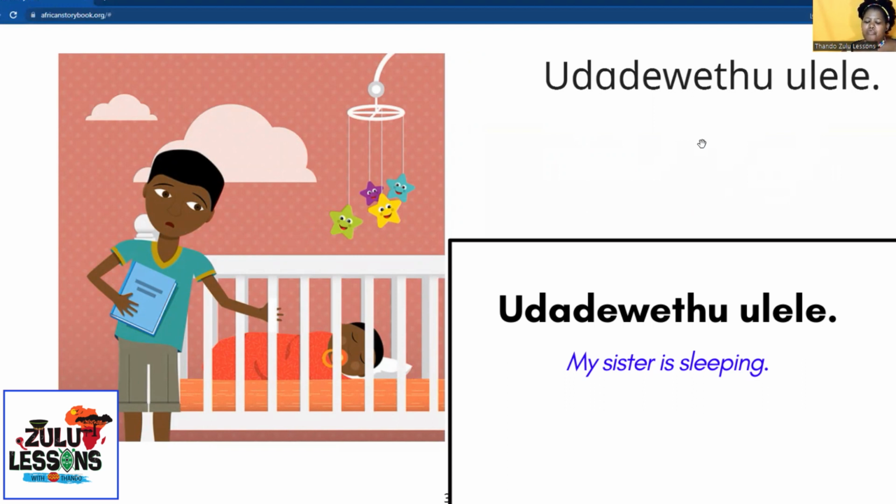And he's saying, my sister is sleeping. But we know the verb to sleep is lala. Why are we not saying udadewethu uyalala or udadewethu ulala embedeni?